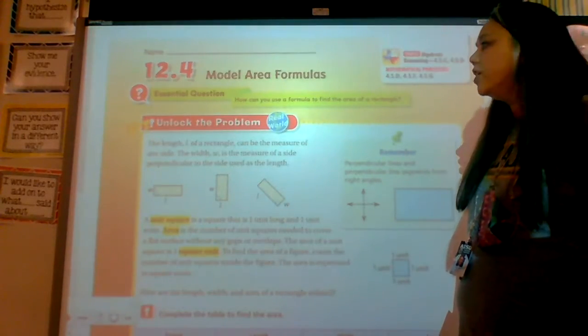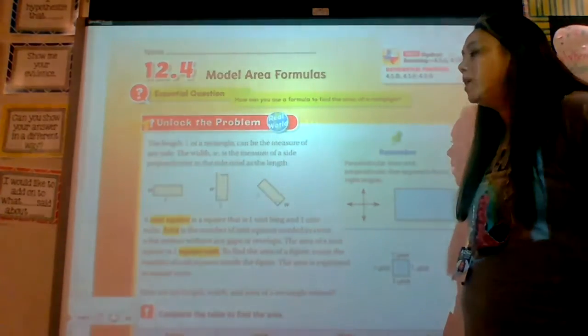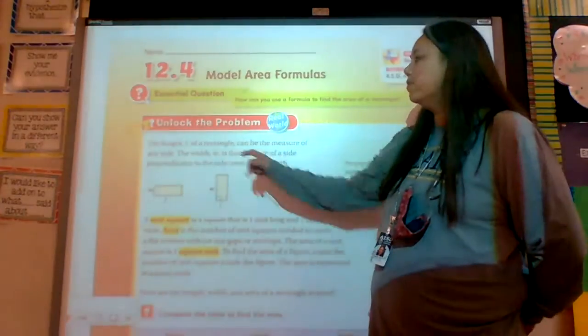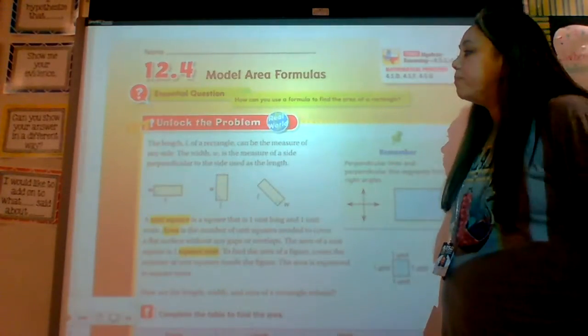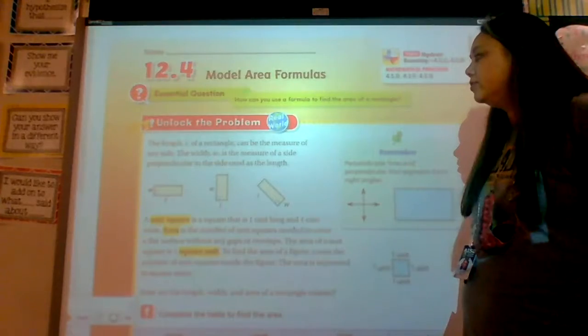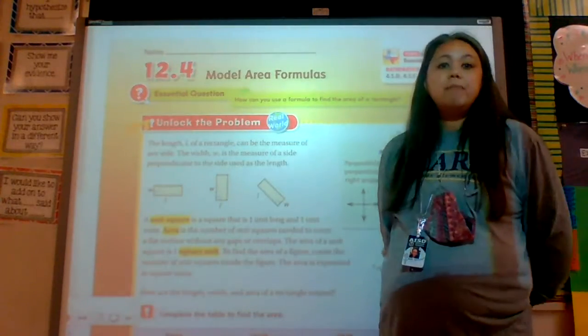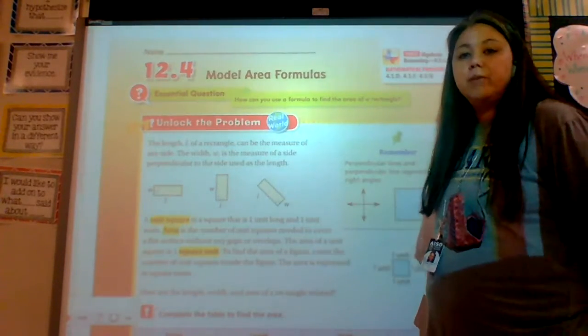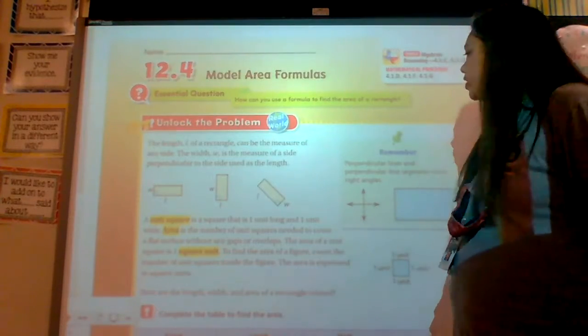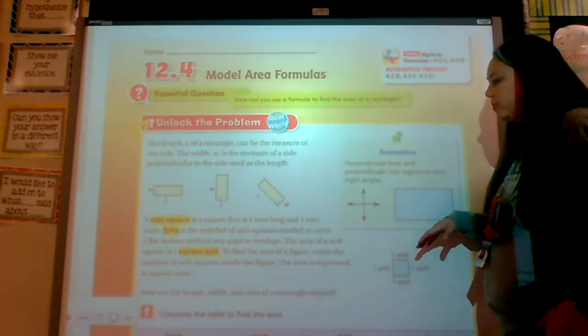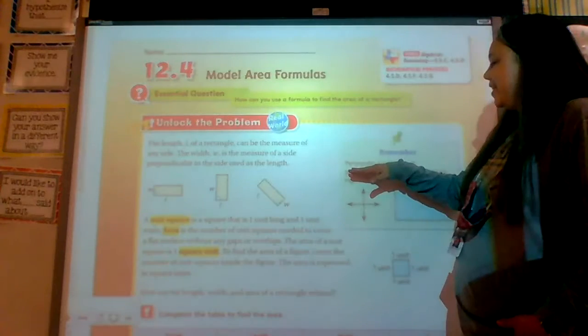can be the measure of any side. The width, which is a lowercase w, is the measure of a side perpendicular to the side used as the length. Okay, perpendicular is one of our new vocabulary words in geometry.